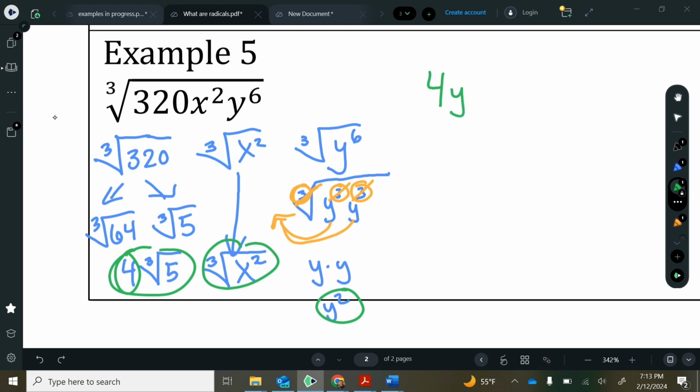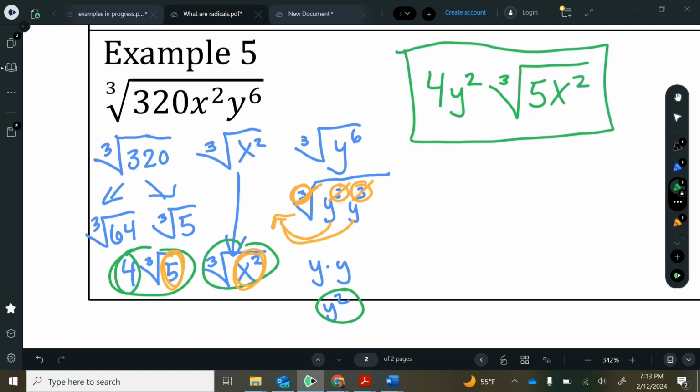So I'm going to put that right here, y squared. And then after that, I'm going to put my radical, my cube root of what was left on the inside. Well, there was this 5 here, and there was this x squared there. So that's still on the inside of the radical, 5x squared. Final answer. There it is.